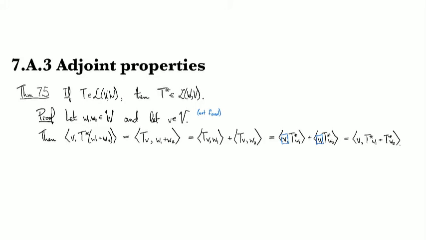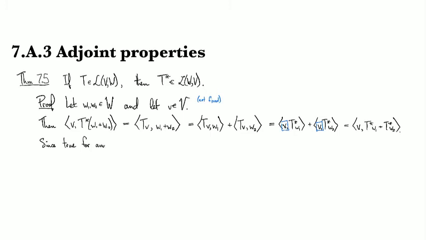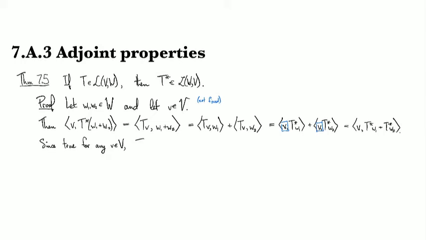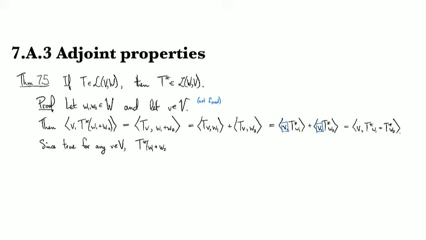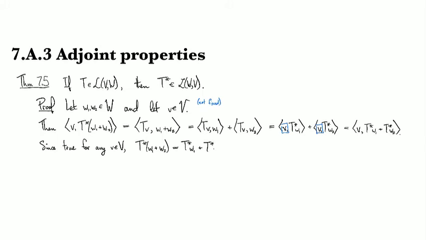Okay, and so here once again, these are all equalities of numbers, but since this is true for any V in V, then we can extract and say on the level of vectors, T star of W1 plus W2 must be equal to T star W1 plus T star W2 as vectors.